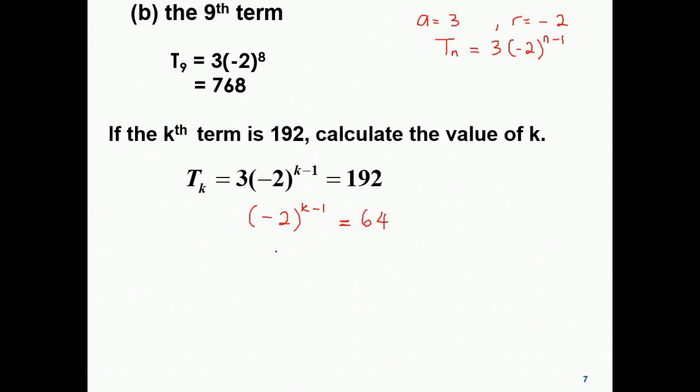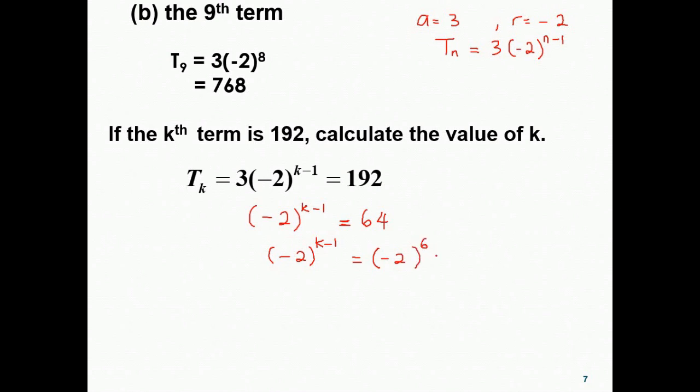Now we use the indices rule. -2 to the power of k minus 1 equals 64, which can be written as -2 to the power of 6.